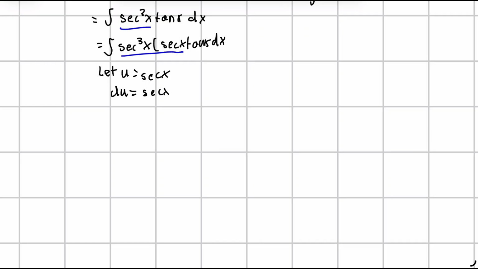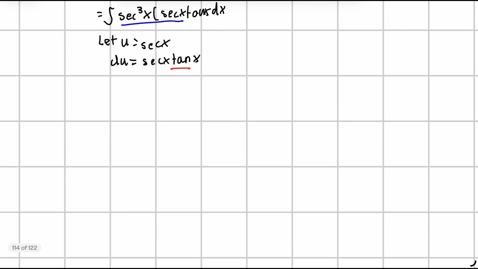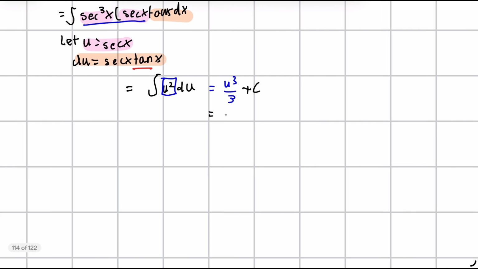It's going to be secant x tan x dx. All we do is just bring in the presence of tan x. So then we can rewrite the whole integral using what we have. We have u for secant x right there, and then we have tan x dx for du. So we have u squared times du. So we can use the power rule on this. We have u to the power of 3 over 3, and then we're just adding plus c. So then substituting in the value for u, we have secant to the power of 3 of x divided by 3 plus c is going to be our answer.